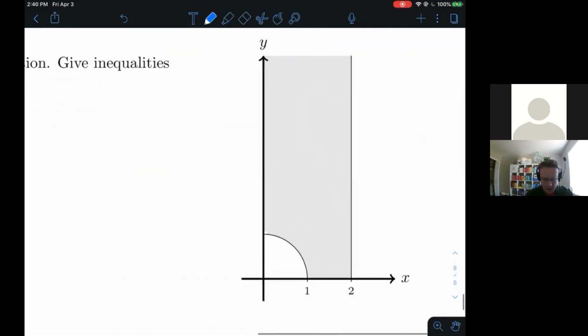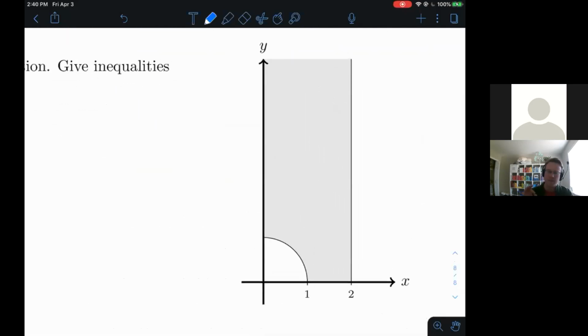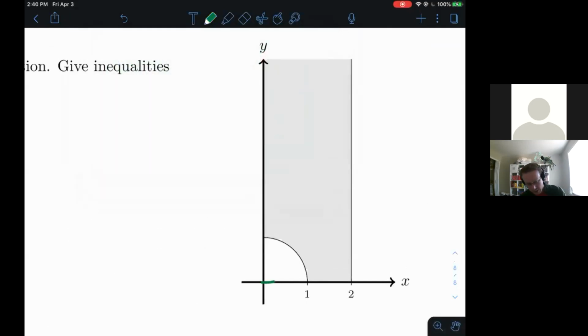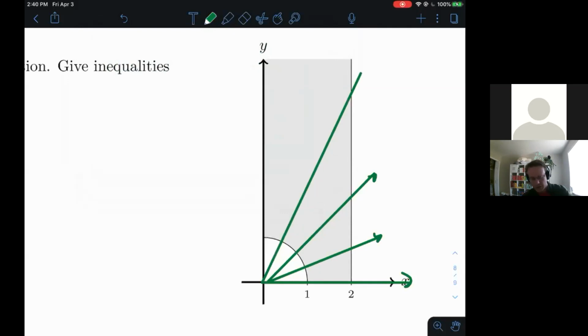And so the first thing maybe I'm interested in is I could specify what theta values, right? What theta values do you actually intersect this region? And so notice here at theta equals 0 where I start, and maybe I'm skimming just the very bottom of this region, so I'd like to include that. Of course, if I do like theta equals pi over 6, or theta equals pi over 4, right, my inequalities seem to be hitting this region here.